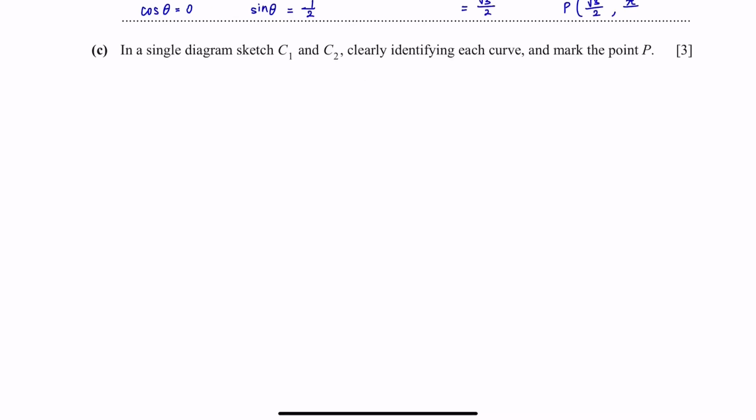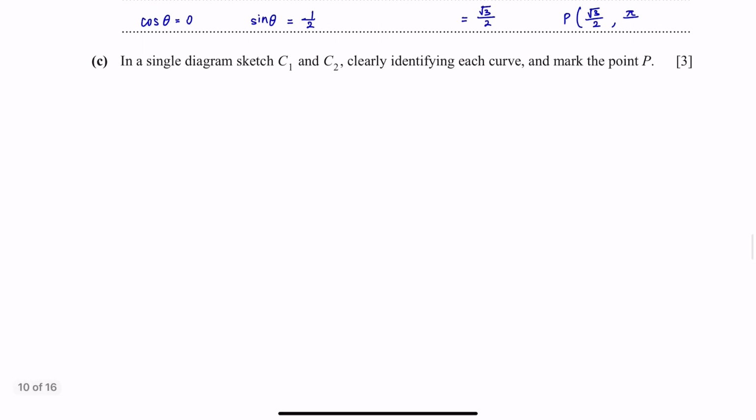So for now, we need to sketch the graph C1 and C2. So let's write down first. C1 is r equals cos theta, and C2 is r equals sin 2 theta. To sketch the graph, we can roughly write out the figure that we have in the graph.